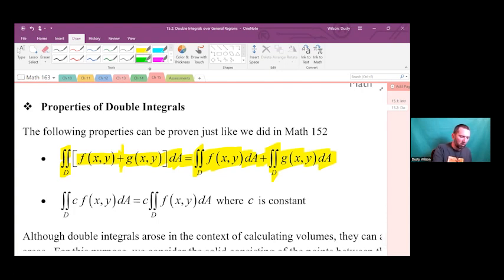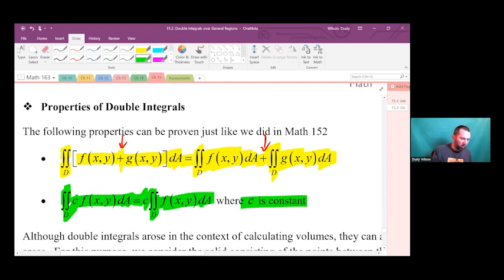And so here the key is the double integral of a sum is the sum of the double integrals. In the next one, you have the double integral of a constant times a function is equal to the constant times the double integral of the function, again, where c is the constant. Here, the key thing is that scalars can come out front just like they have in the past.